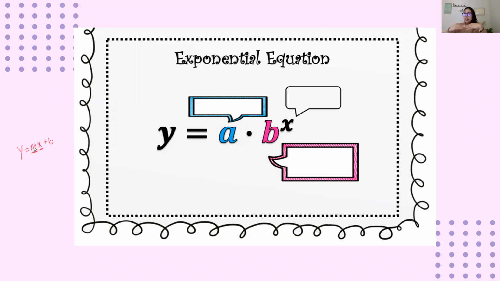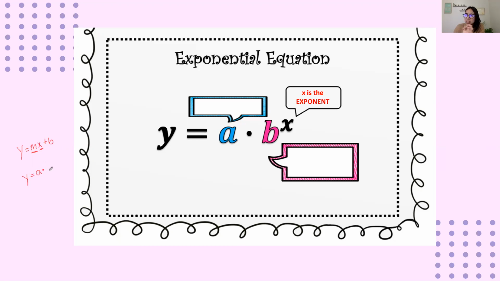In our exponential equation, our x is not next to a letter, and it's not at the same level as these letters. It's an exponent, so it's the little number that should be on top of another number. When we write it, you should start with y equals a, and we'll talk about what that is in a bit, times.